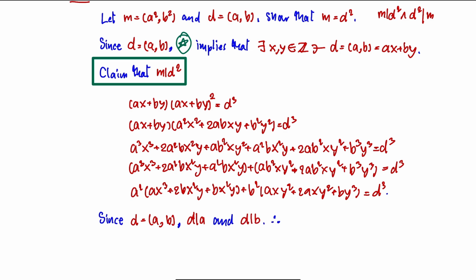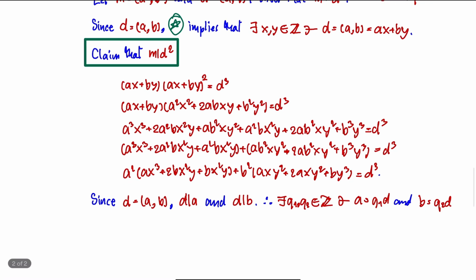That means, according to divisibility, we have q1 and q2, which are integers, such that a equals q1 d and b equals q2 d.